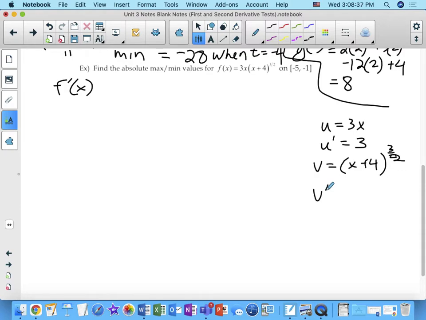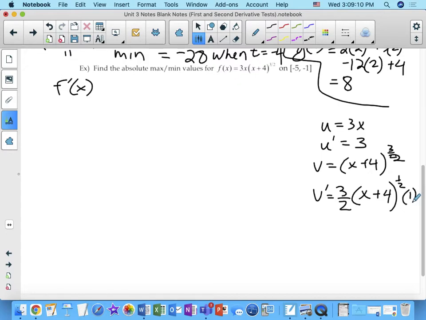However, the derivative of x plus 4 is just 1, because the derivative of x is 1 and the derivative of 4 is 0. So it is a chain rule because inside here is another function, but its derivative is 1. So it's not going to make really a difference, but we should write times 1 there to be thorough.